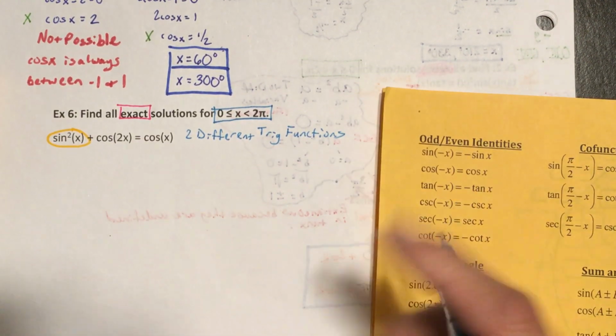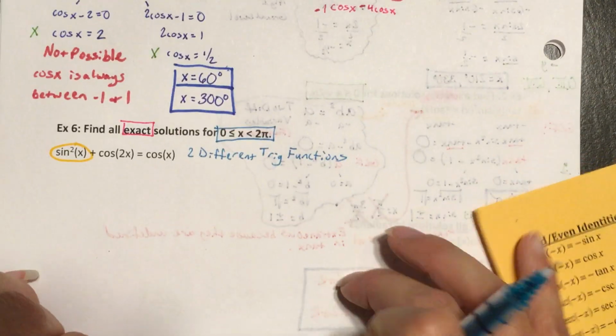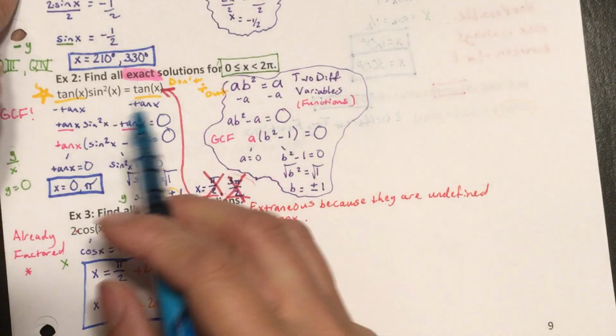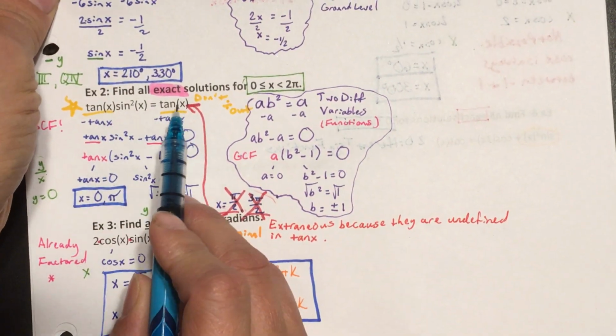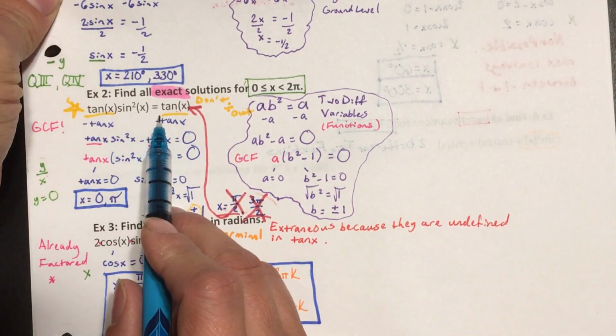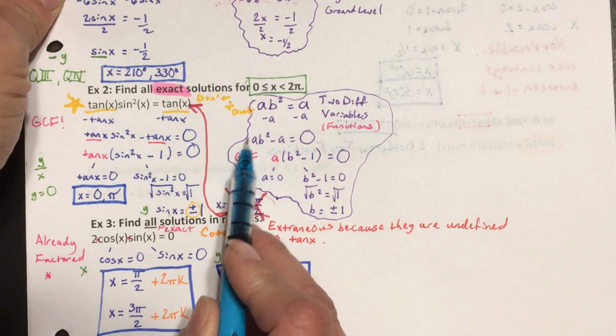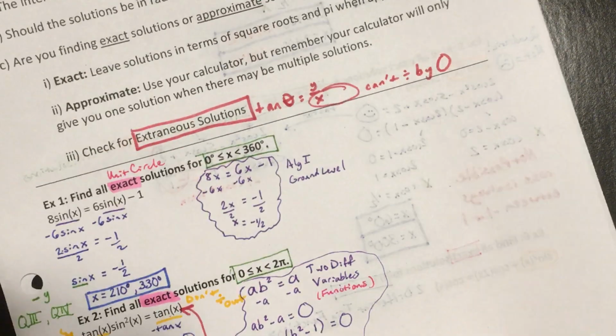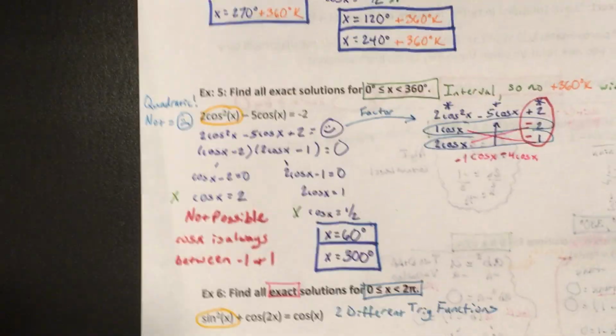This goes back to that issue we had on the previous page, where anytime I have two different trig functions in the same problem, I'm usually going to have to try to factor, usually by taking out a GCF, in order to solve. So that's one of our first issues in this problem, and it's going to help us once we start looking at that double angle stuff.